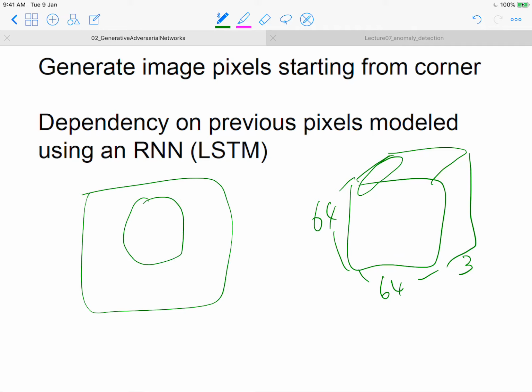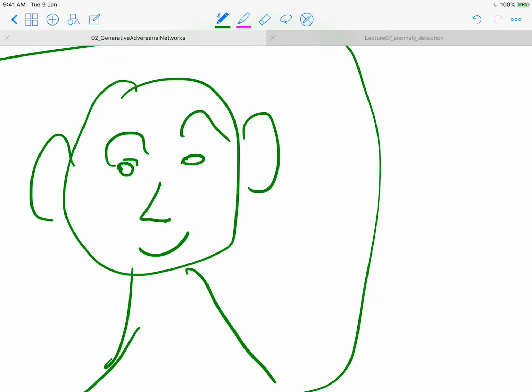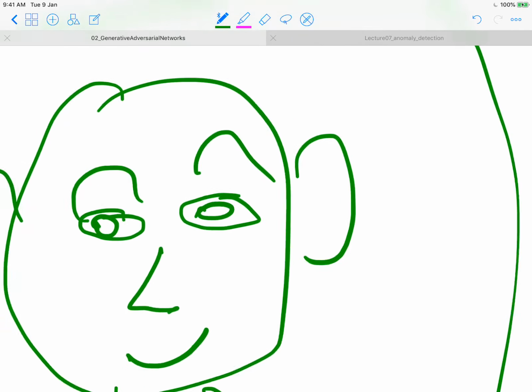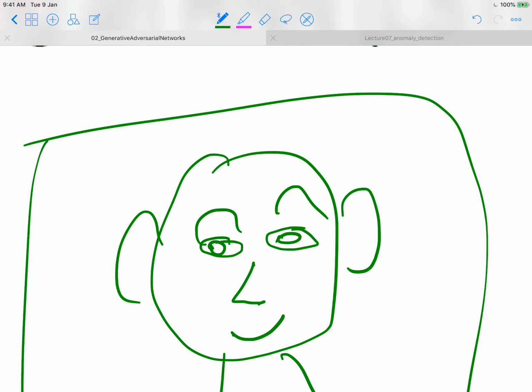Given our facial images, suppose we took photos of faces with a black background.